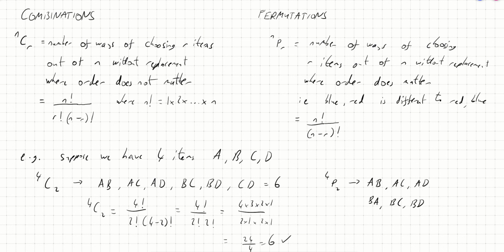We have the ones that start with C: CA, CB, CD. And then we have DA, DB, DC. Notice that we don't have AA or BB or CC or DD. The reason is because we're looking without replacement. So without replacement means we can't draw the same thing twice. So that's why we don't include AA, BB, CC, DD. So having a look at this, there's four lots of 3. So we think 4P2 is 12.